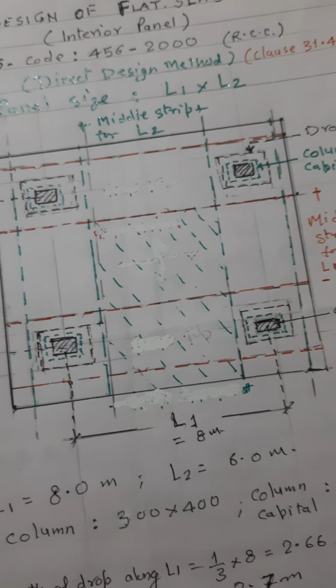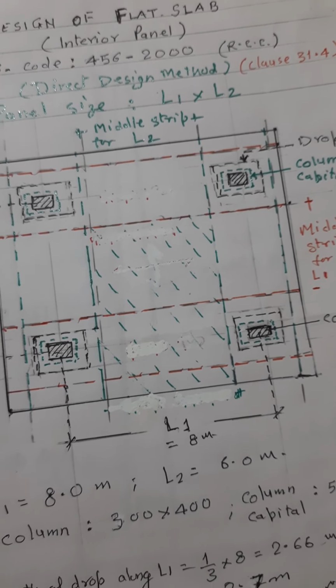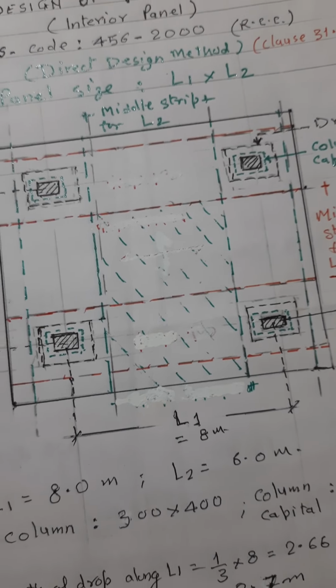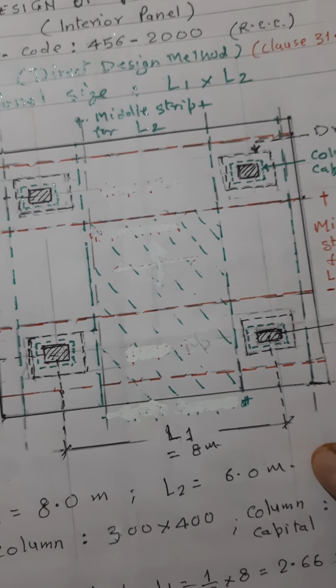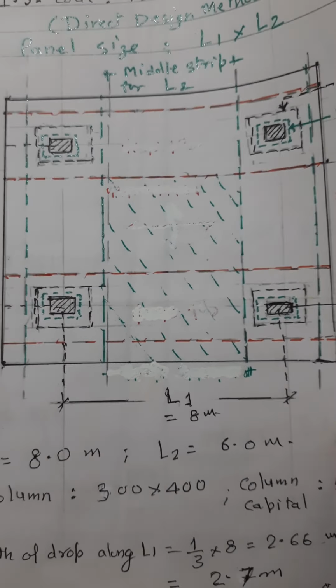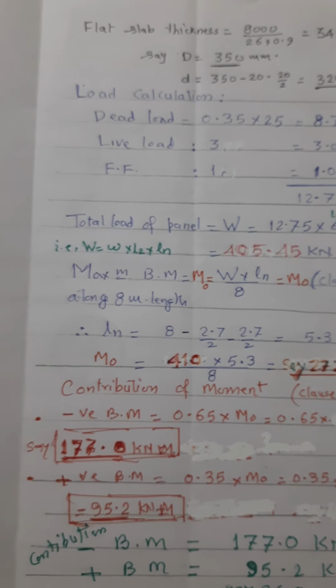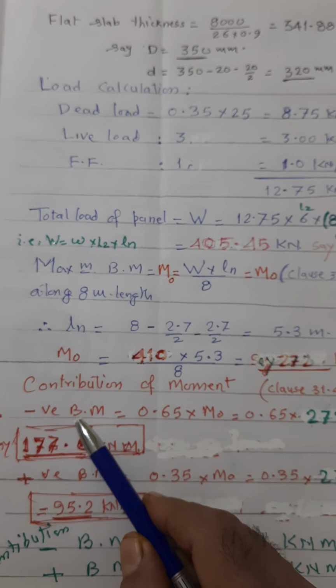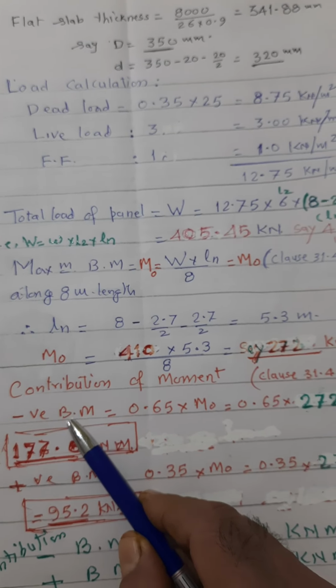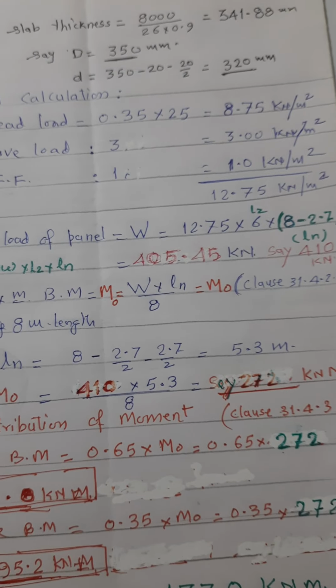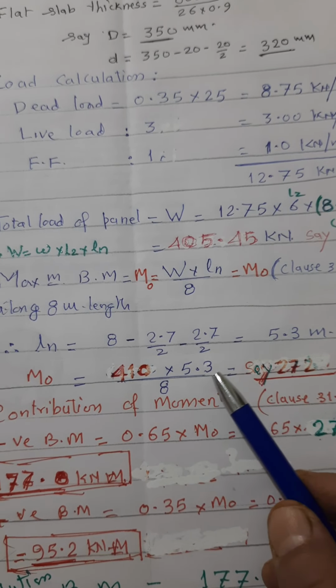Out of the total moment that we have calculated, the code indicates that the total negative bending moment is 65% of that M0.